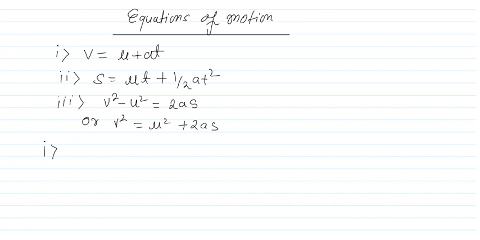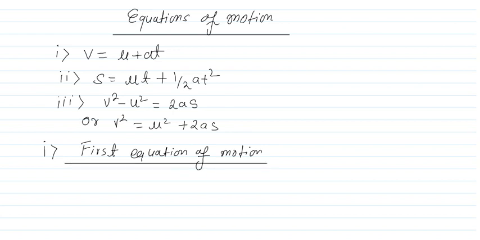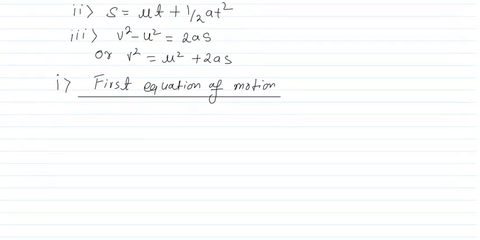So first one is the first equation of motion. First equation of motion is v equal to u plus at.